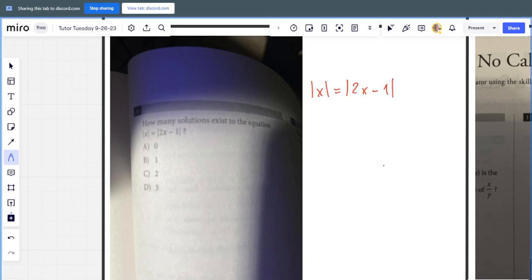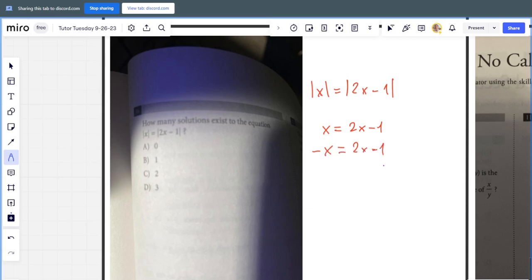So what this could mean is that we could have several cases here. Could have x equals 2x minus 1 is one case. And that's the case where everything in the absolute values is positive. We could have the case of negative x equals 2x minus 1.